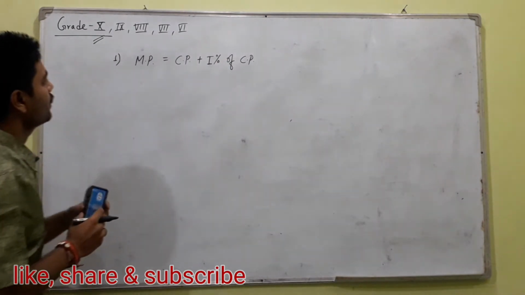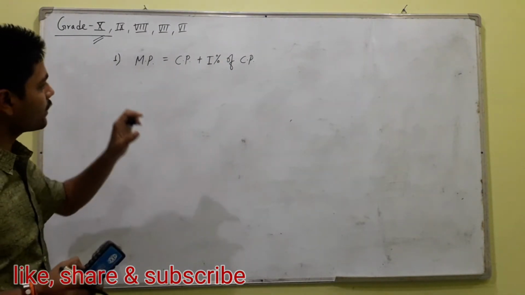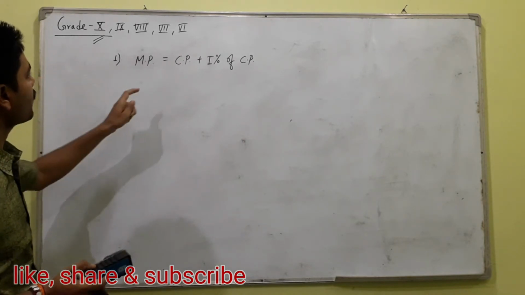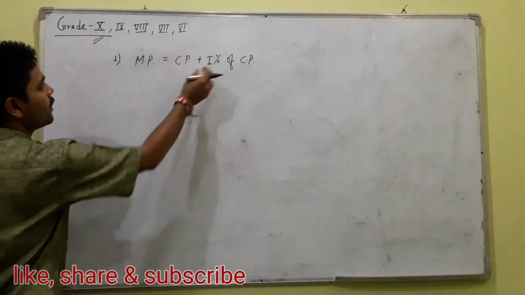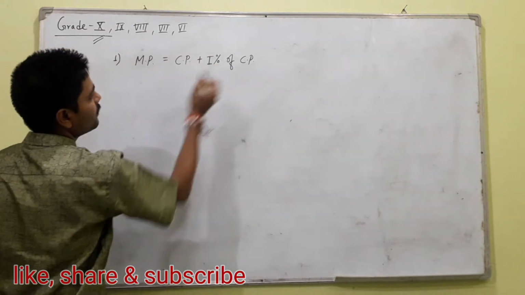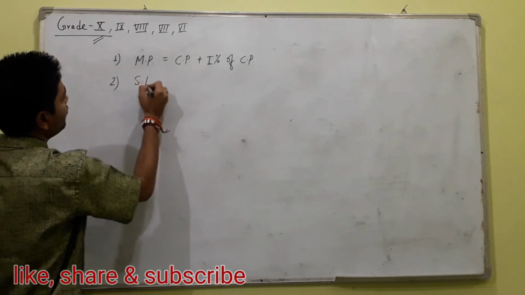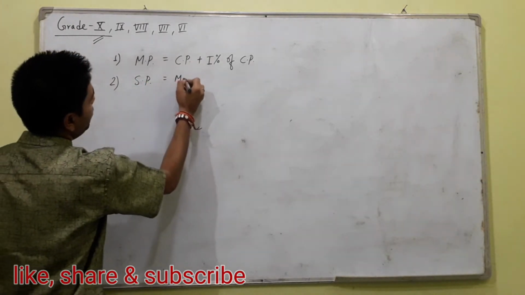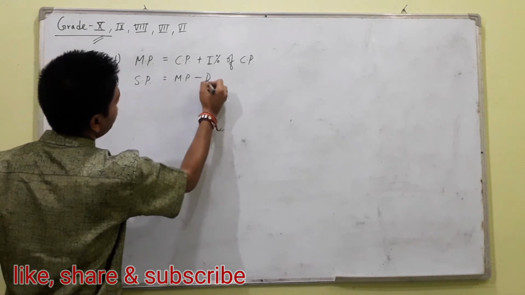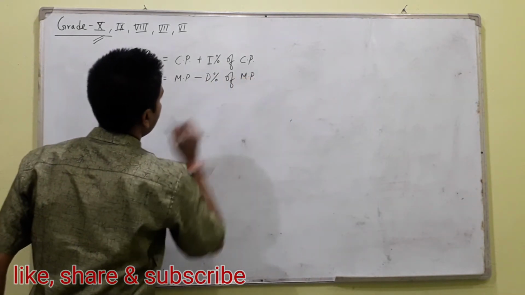A shopkeeper buys any item, keeps that item in the shop and tries to sell that item by increasing some amount. Then the formula will be mark price equals cost price plus increase percent of cost price, and while selling, the selling price becomes mark price minus discount percent of mark price.